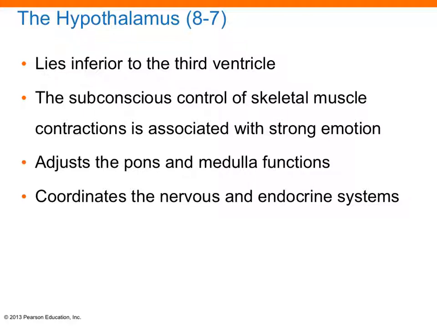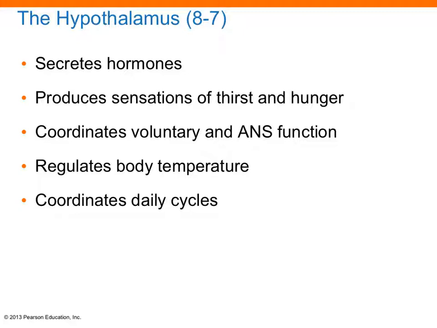It also adjusts the pons and medulla functions and coordinates the nervous and endocrine systems. Now, the hypothalamus secretes hormones. It produces the sensations of thirst and hunger. It also coordinates the voluntary and autonomic nervous system function, regulates body temperature, and coordinates the daily cycles.